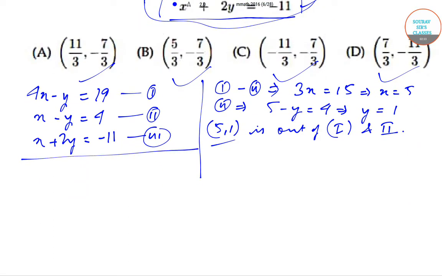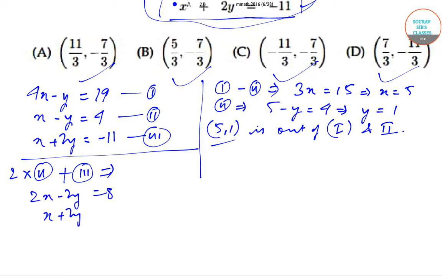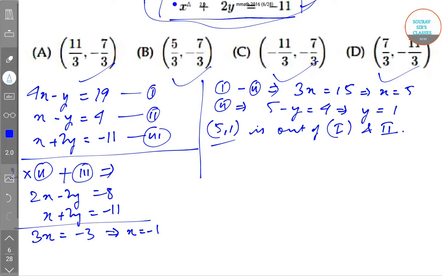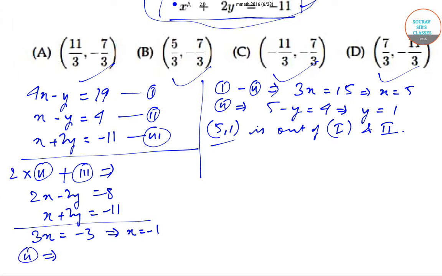To find the next coordinate, we'll multiply equation 2 by 2 and add it to the third side. This will imply that twice x minus twice y will give us 8, and x plus twice y is equal to minus 11, and upon addition thrice of x will be equal to minus 3. This will imply that x is equal to minus 1. Now using equation 2, we can write that minus 1 minus y is equal to 4.